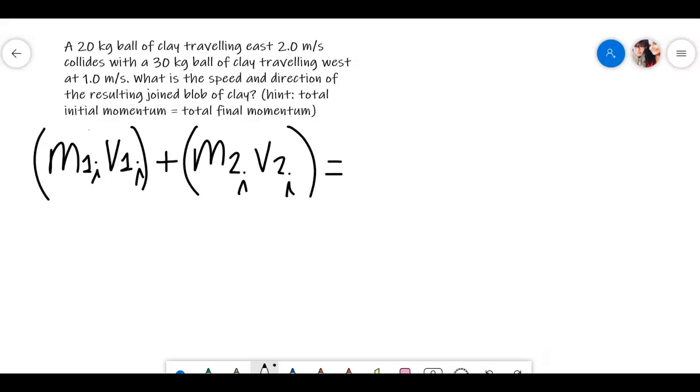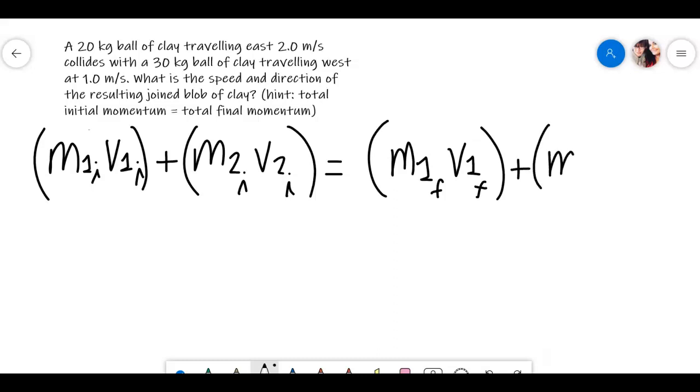This should equal the total momentum after the collision, which in this case would be the mass of my first object, final, times the velocity of my first object, final, plus the mass of my second object, final, times the velocity of my second object, final.